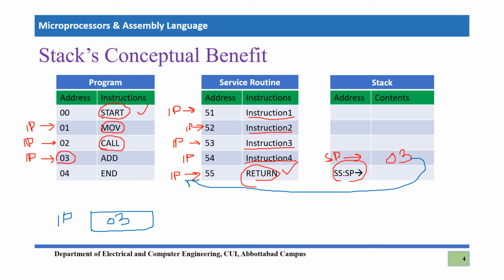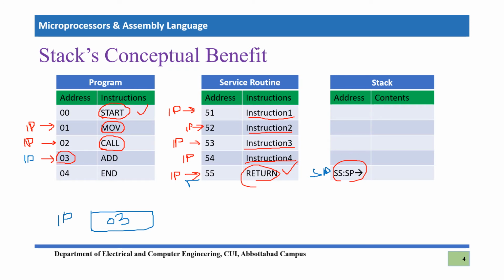That means IP will come back to this position, so the next instruction after the return statement executes will be this add statement. And over here, since this value is no more in the stack, the stack pointer will come back to its original position which was set earlier.